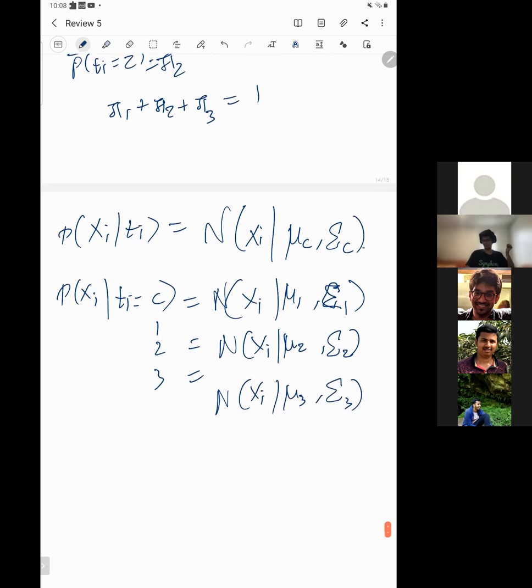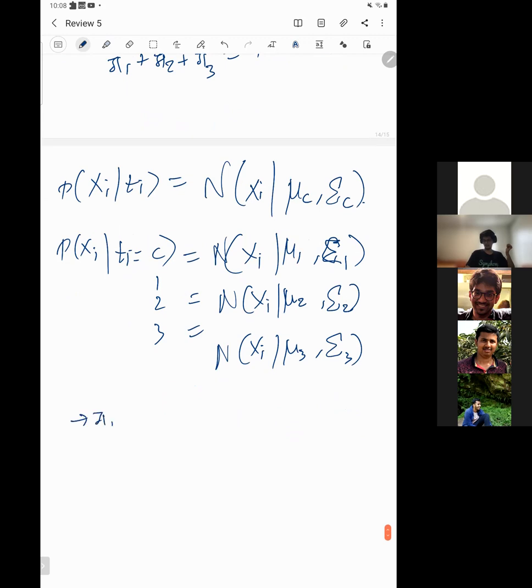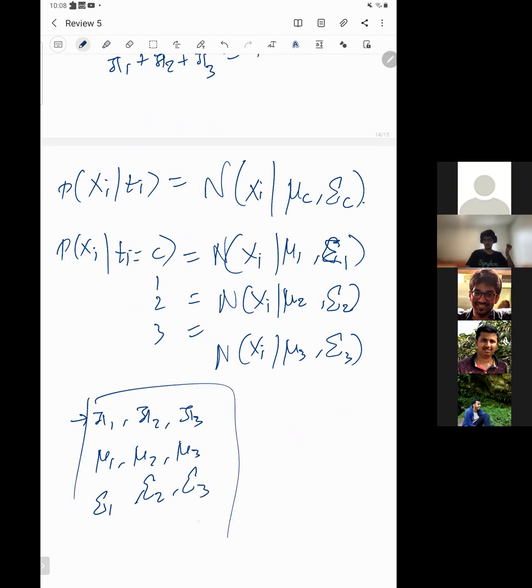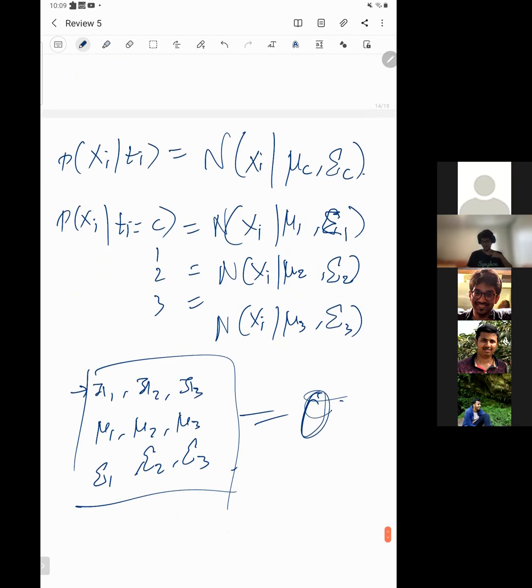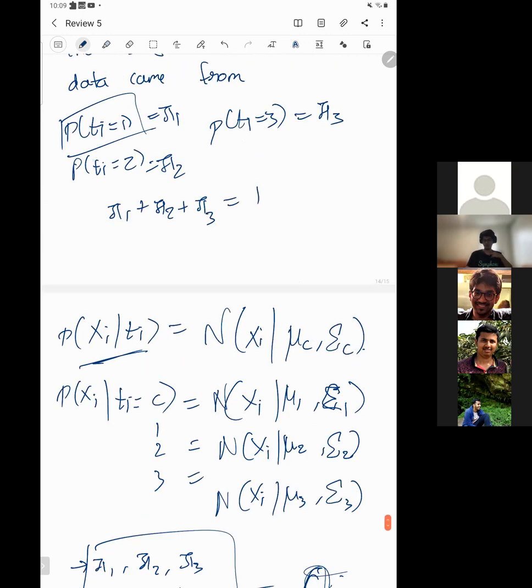So what we need is to get an estimate of pi1, pi2, pi3, nu1, nu2, nu3, and sigma 1, 2, 3 covariance matrices. So these are the theta that we need to obtain in the GMM algorithm, and we have this conditional distribution and the prior, as in the prior on latent variables, not the parameters. So we have the distribution on latent variables and this conditional distribution.